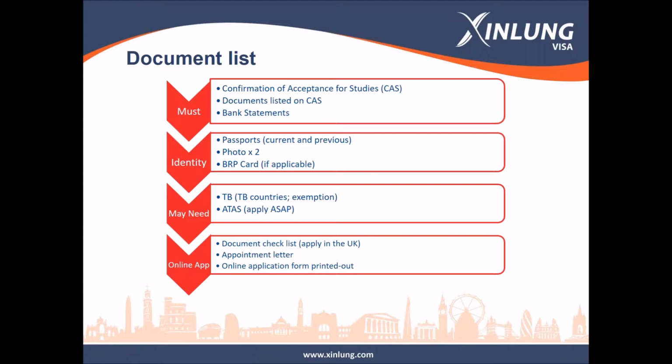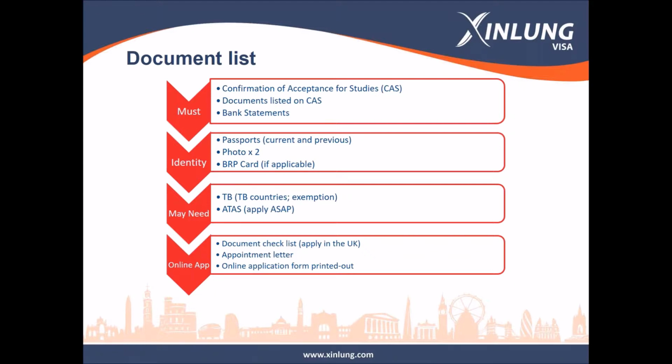So let's come to the last bit. The last chunk is after we have all the documents prepared. Now we come to the stage to fill out and complete our online application form and pay the relevant fees to UKVI. Then we can print out the documents after we have submitted our online application form.